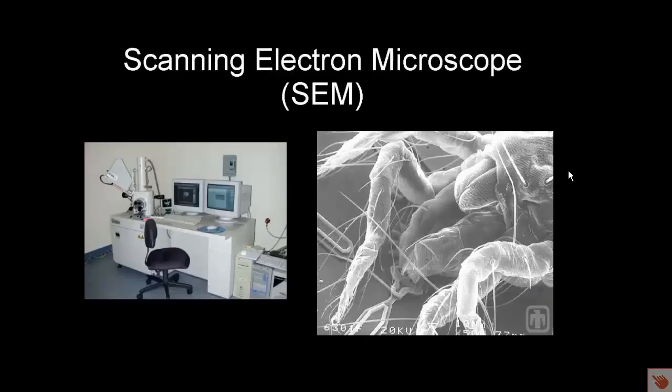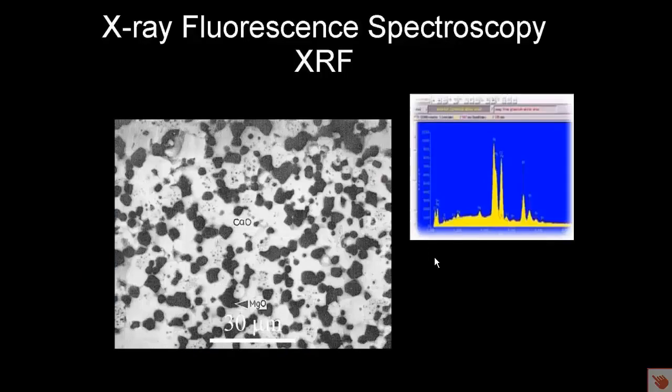Scanning electron microscopes are also useful in microstructure analysis. One excellent thing about electron microscopes is that when the electron beam impinges on the particle, X-rays are created.